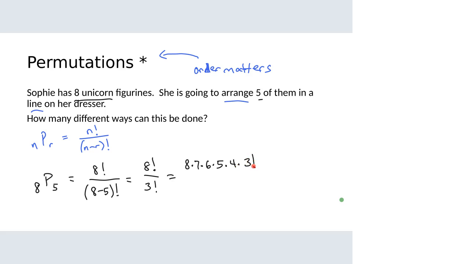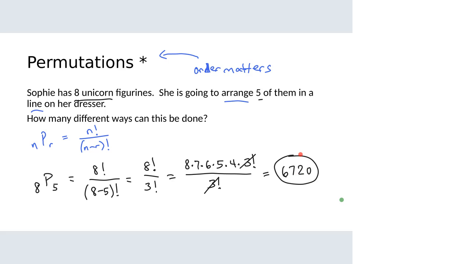I wrote the 3, 2, 1 like this because in this particular problem, that was a convenient way for me to write it, because I have this down here and I can cancel those with each other. On the bottom, I have that 3 factorial, and now those cancel, and I'm left with 8 times 7 times 6 times 5 times 4. 6,720 ways that Sophie can arrange 5 of her 8 unicorns on a dresser.